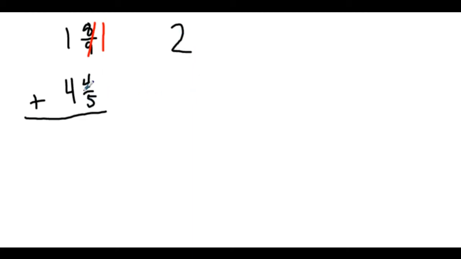Now I move to my next one. Plus, so that I don't forget it later, 4 4/5. Again, I'm not worried about estimating this piece, it's a whole number. I'm estimating the fraction. 4/5. The numerator 4 is very close to the denominator 5, much closer than it is to 0 or halfway. So I take my 4/5 and I'm going to do the same thing.